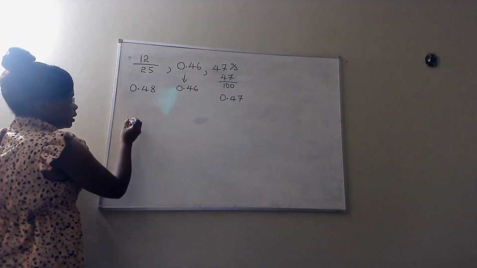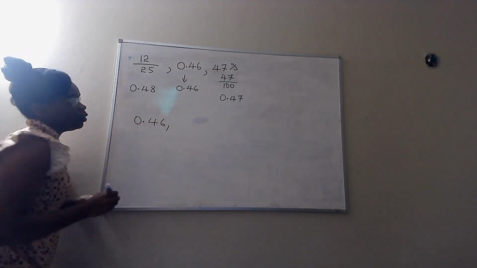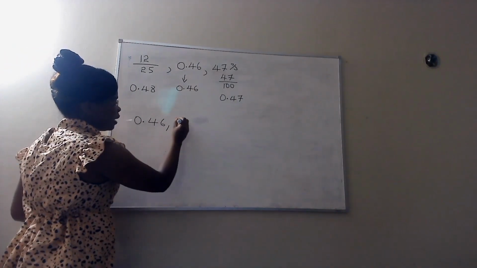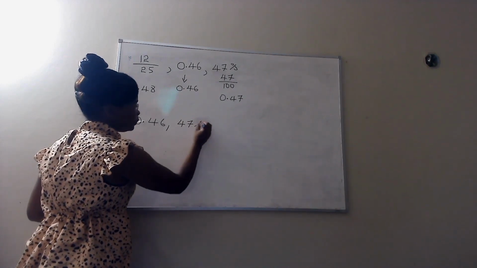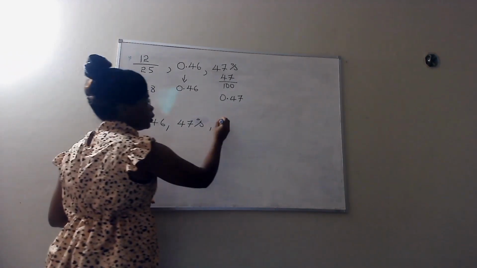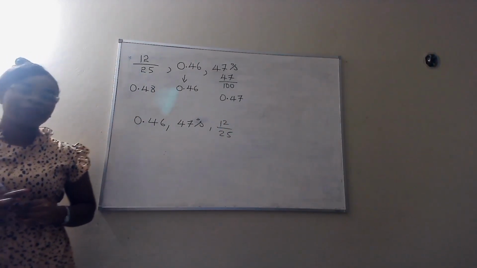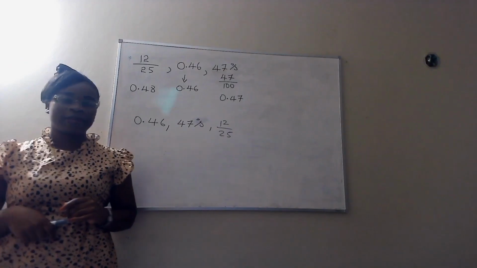So in ascending order, it's going to be 0.46, then 47% falls in the middle, and our largest is 12 over 25. And that is our answer. Now let's move on to the next question.